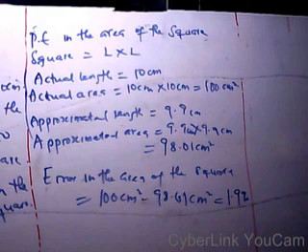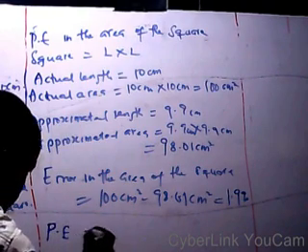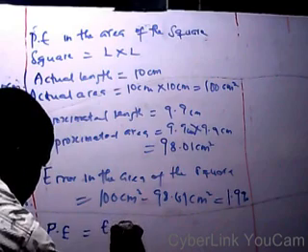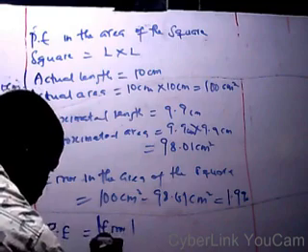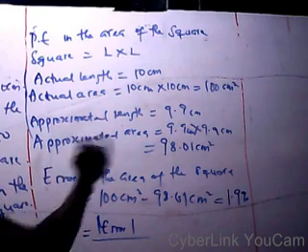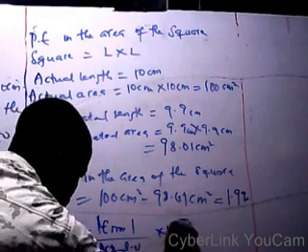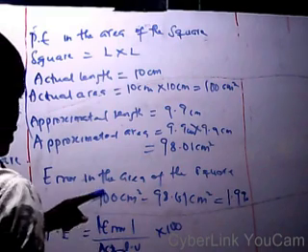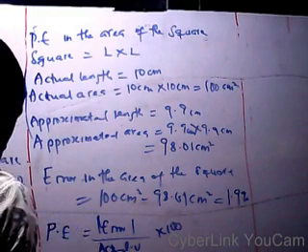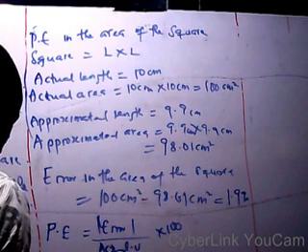So which means the percentage error will now be, and you know that percentage error is equal to the absolute value of the error, divided by the actual value, multiplied by 100. So our error is 100 minus 98.01, which gives us 1.99.